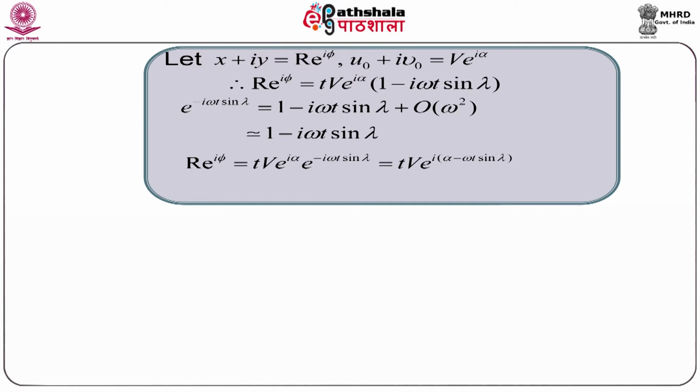Now e to the power minus i omega t sin lambda equals 1 minus i omega t sin lambda plus order of omega square, which is nearly equal to 1 minus i omega t sin lambda. We have neglected the terms containing omega square and higher powers, as omega is very small.